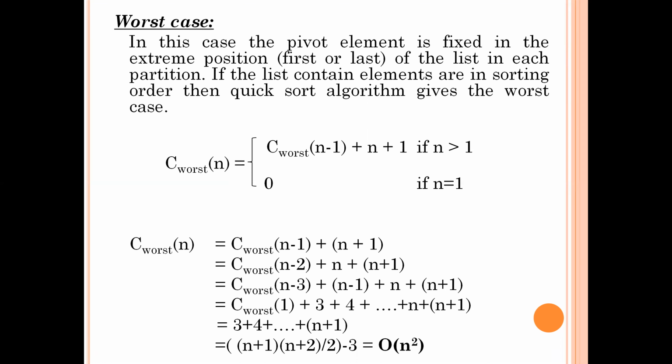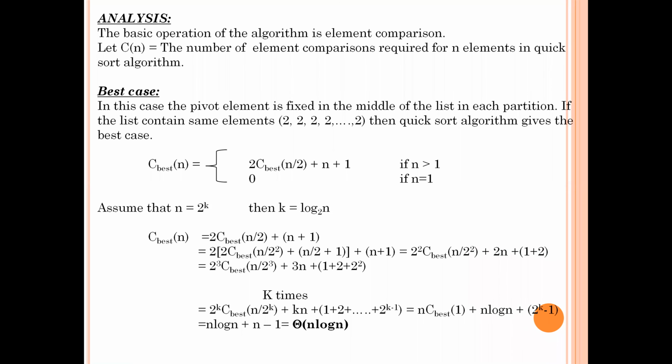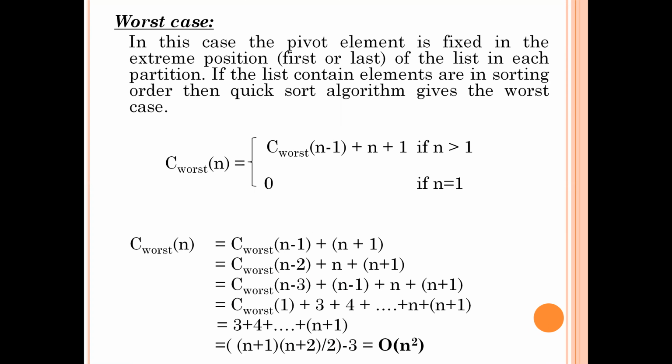That means it will divide the list such that one list contains no elements and the other list contains all the remaining elements. So that becomes the worst case. Then what will be the recurrence relation? In the best case, it is dividing the list into two equal halves, but in the worst case, it will have only one list. So we are giving C of n minus 1 plus n plus 1.